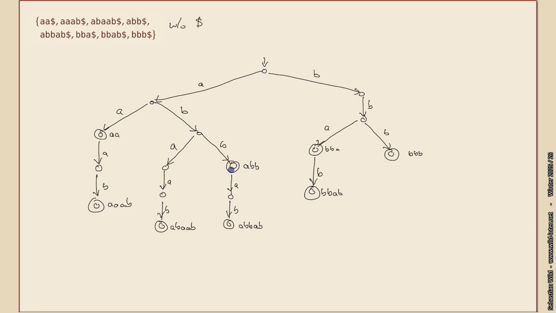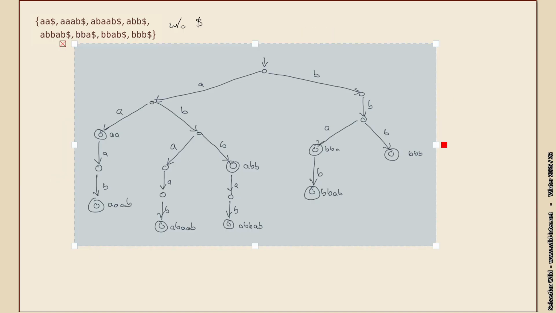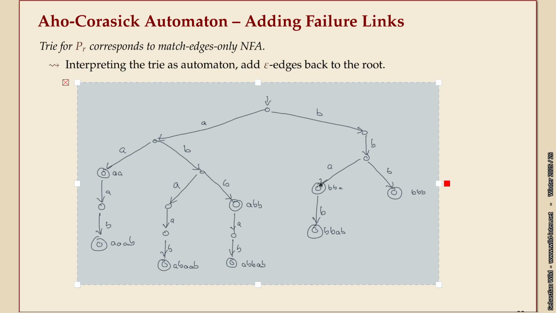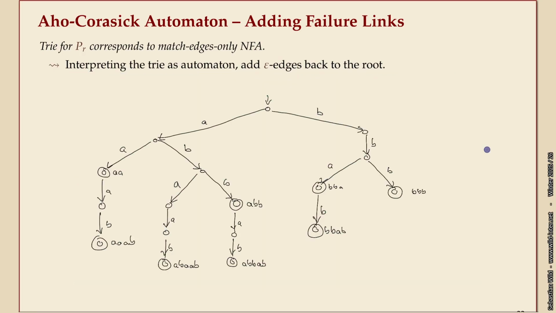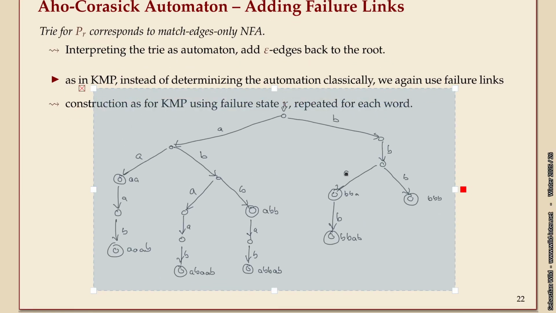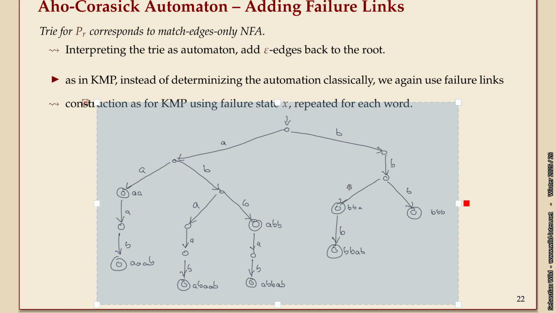How to determinize this? Again, you could say, let's throw the power set construction in full generality on this. We're not going to do that. The next step is adding failure links in the very same way as KMP. Again, you could formulate this differently.